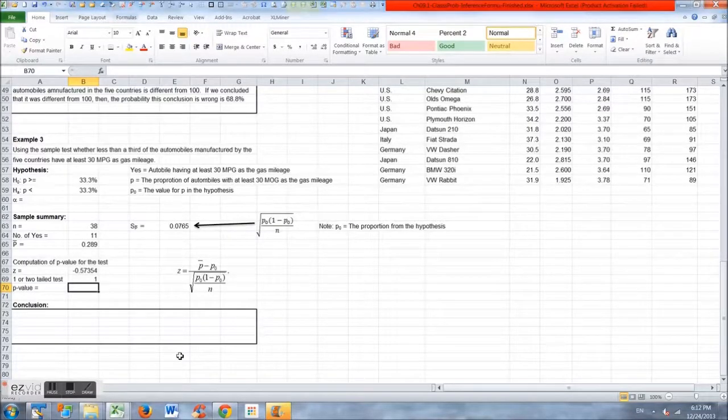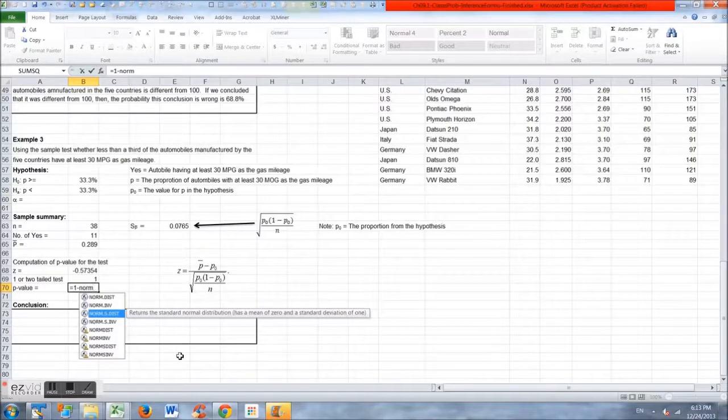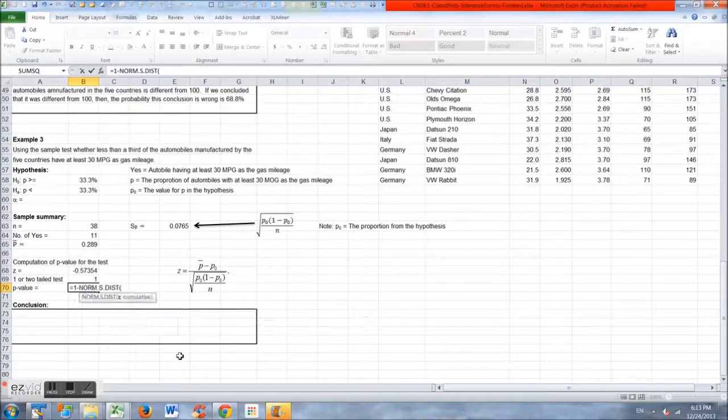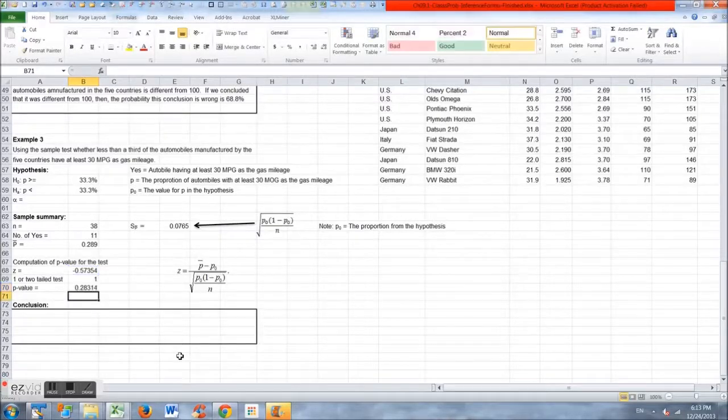So the formula is always 1 minus NORM.S.DIST. We use always the absolute value of the statistic, okay, and cumulative probability. So this gives us the P value.